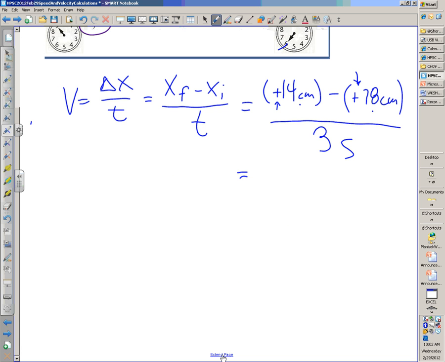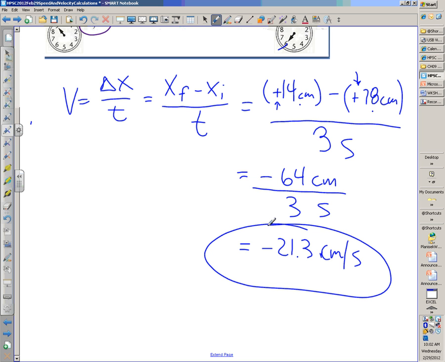Negative 64 centimeters, divided by 3 seconds. So when you do that, 21.3333. Let's go 21.3. That'll be fine for now. That's centimeters per second.